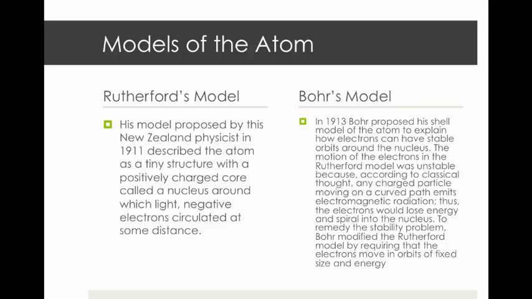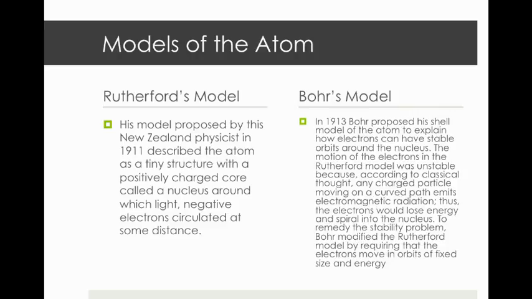So it's not surprising that after 1900, we would talk about electrons specifically and how they are related to the nucleus. Rutherford said that the atom was a tiny structure, it had a positively charged core, and negative charged electrons going somewhere around this positively charged core.